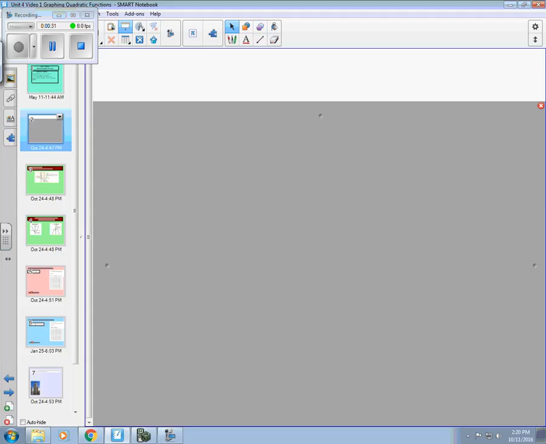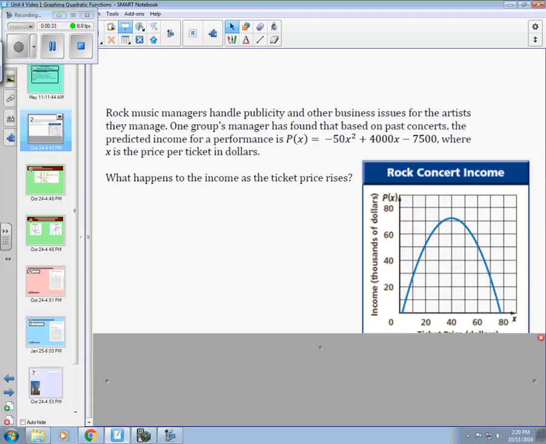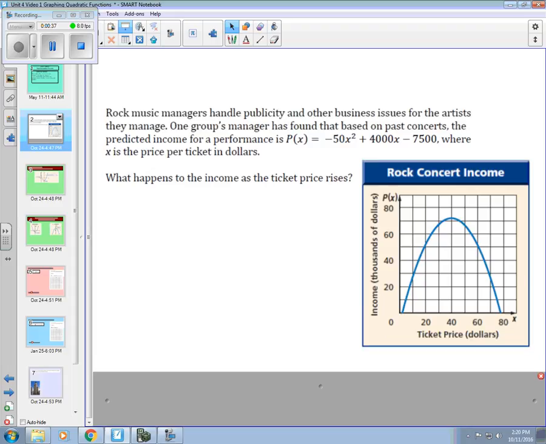Okay, so the first problem on your sheet says a rock music manager handles publicity and other business issues for the artists they manage. One group's manager has found that based on past concerts, the predicted income for a performance is given by this function, where x is the price per ticket in dollars. What happens to the income as the ticket price rises?